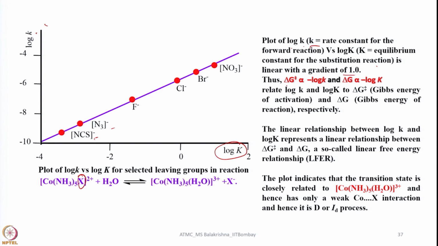So, thus delta G, Gibbs energy of activation and Gibbs energy of reaction, are proportional to log K and log K respectively. The linear relationship between this term and this term represents a linear relationship between delta G hash and delta G. That means between Gibbs energy of activation and Gibbs energy of reaction there is a linear relationship.